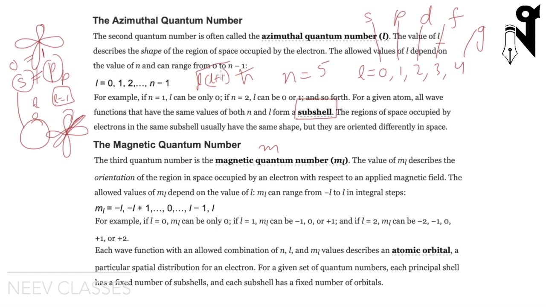So obviously if L is 0, then your angular momentum is 0 into 0 plus 1, which is 0 times h bar. If L is equal to 1, then the angular momentum is 1 into 2, that is root 2 h bar. 0 for S, root 2 h bar for P. And then if L is equal to 2, which is for a D, the angular momentum is 2 into 3, that is root 6 h bar, where h bar is your h by 2 pi.